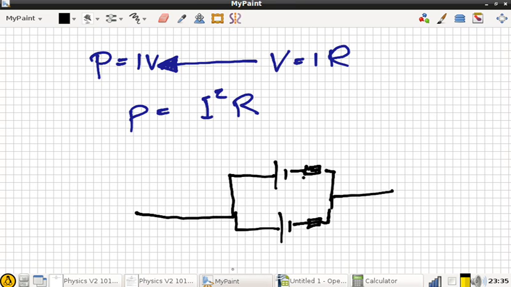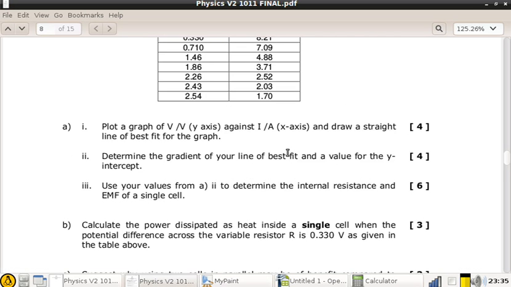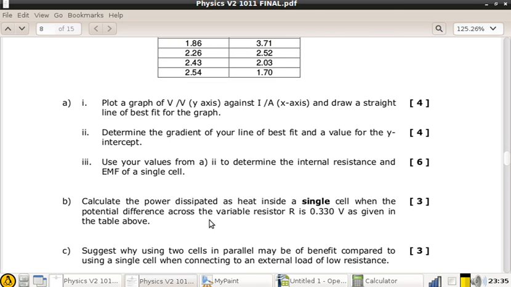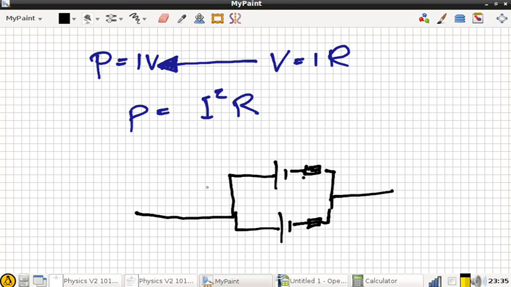Okay, so we know that the current is 8.21. So that means that the current here is 8.21 amps. So the current going this way is 8.21 amps. These two are the same. So we don't need to use Kirchhoff's rule to know that when the current splits here, it splits equally.